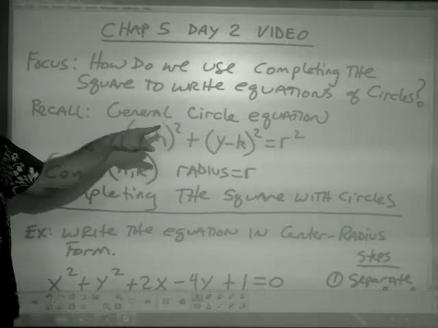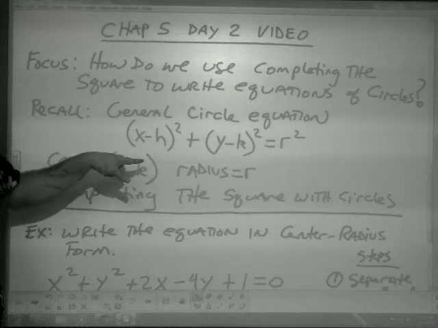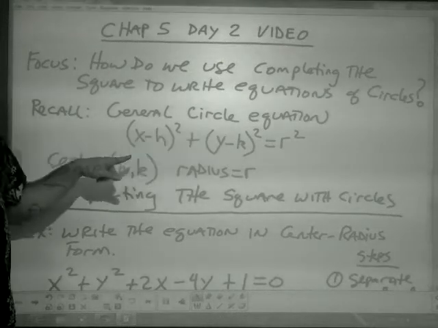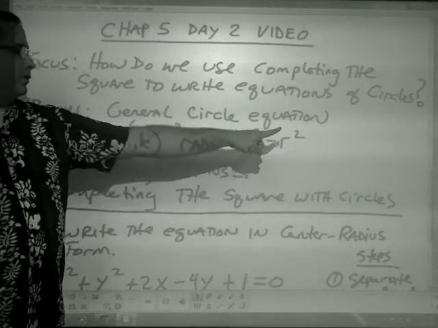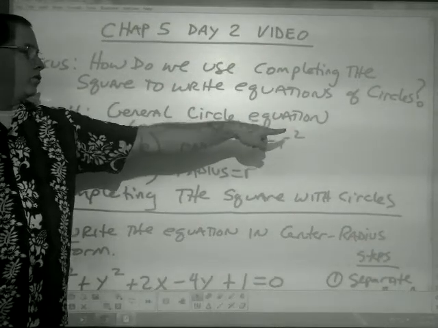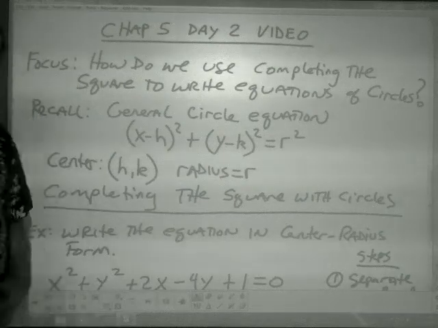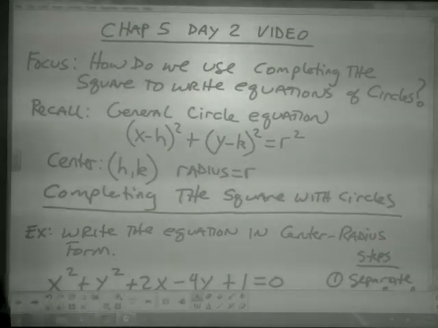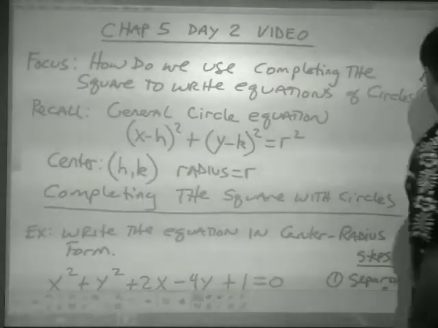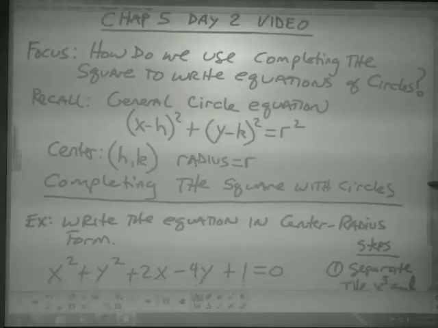If it was plus a number, it was opposite sign. So these are opposite signs of what you see in here. Was the center. The radius, well, if this is r squared, then the square root of that number would be your radius. Okay? So that was a general circle equation that you spent time on in geometry, but now we just have to remember that we actually did that and use it.